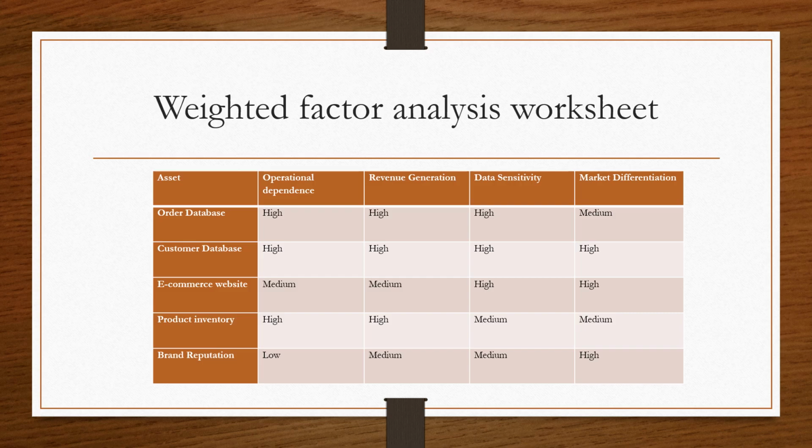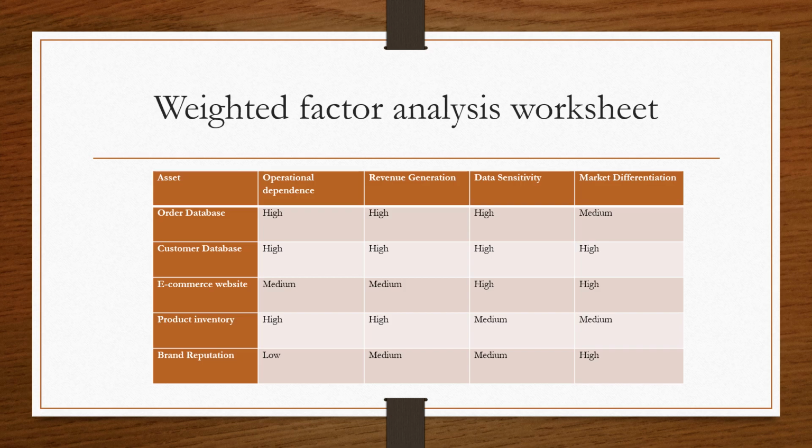The next slide is about the weighted factor analysis worksheet. In this slide, I have presented the weighted factor analysis worksheet for SportX. In this worksheet, I have used four criteria: data sensitivity, revenue generation, operational dependence, and market differentiation.